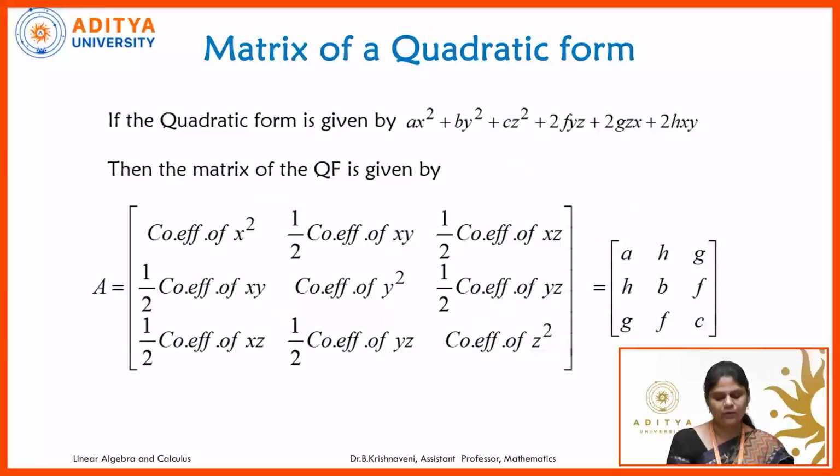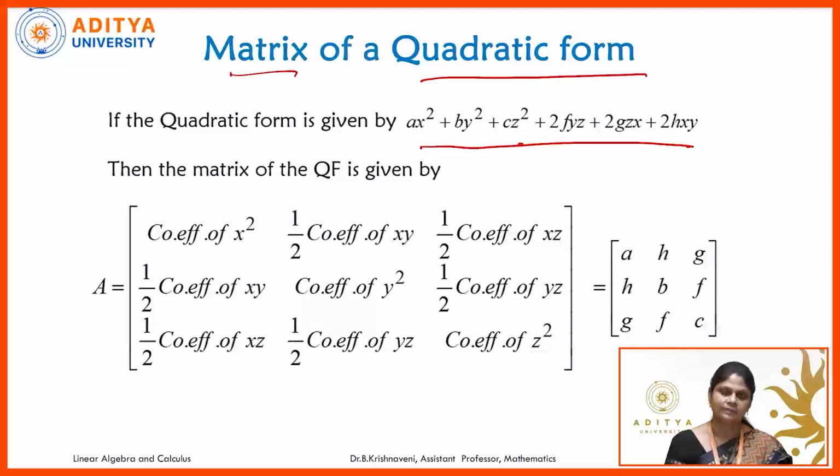Now let's see how to find the matrix of the quadratic form. Let us take the quadratic form ax square plus by square plus cz square plus 2fyz plus 2gzx plus 2hxy. This polynomial is a quadratic form in three variables x, y, z.